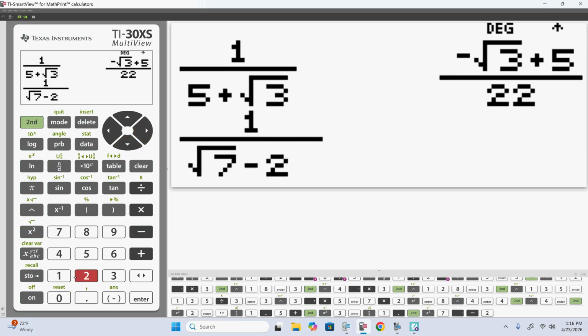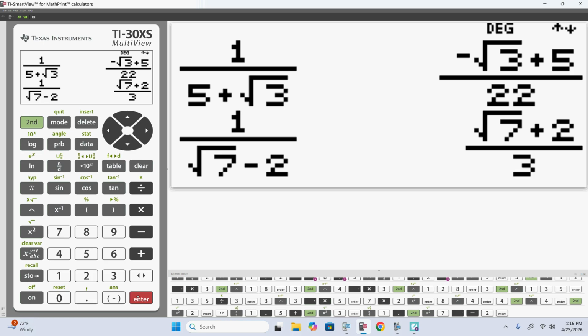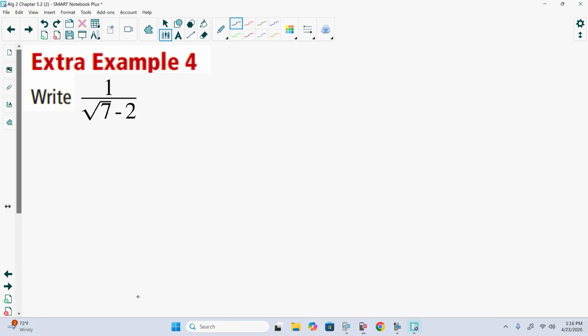Minus 2, right? Because we would multiply by the square root of 7 plus 2 on top and bottom.